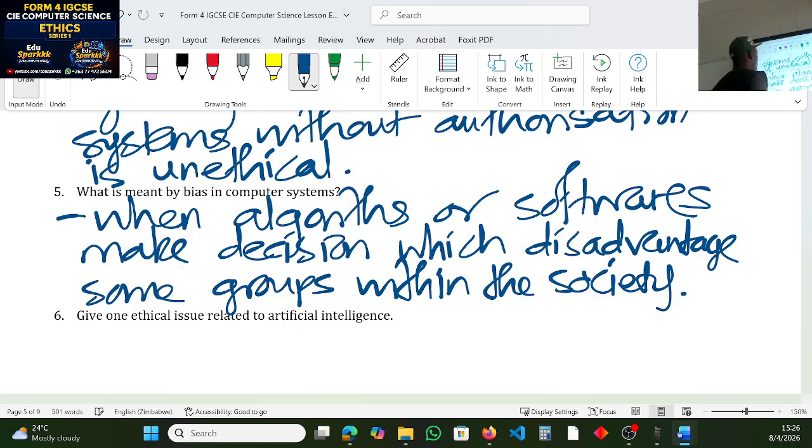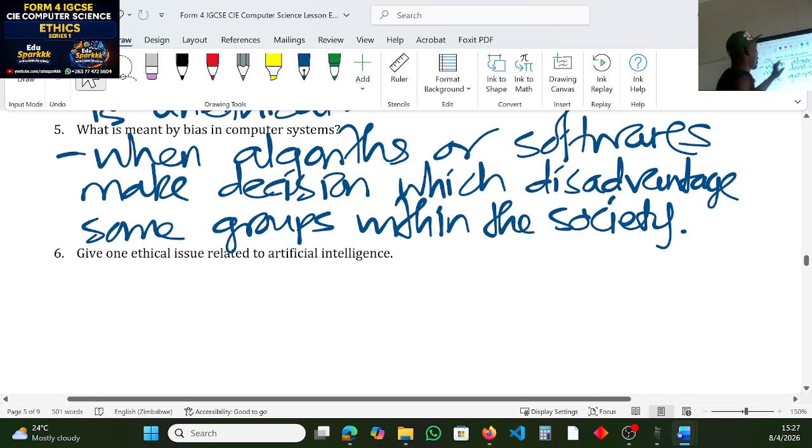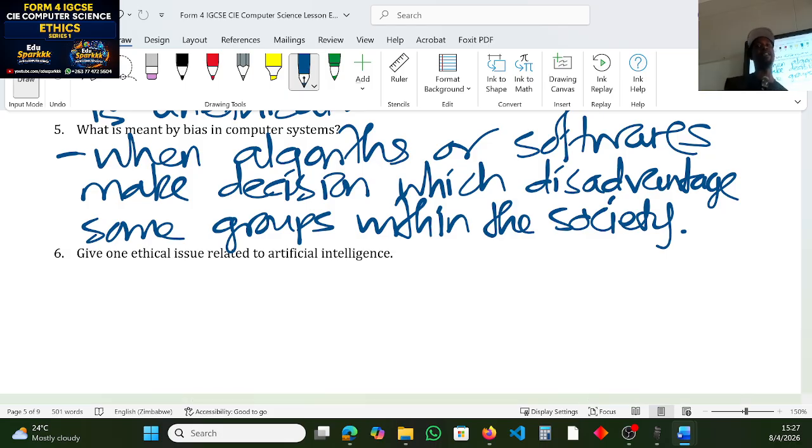Right. Give one ethical issue related to artificial intelligence and our understanding of artificial intelligence. These are machines that are mimicking human behavior, and sometimes, because they are taught, they might happen to make unfair decisions. Like I said earlier, some loan approvals might be made based on certain factors which are not ethical or human.